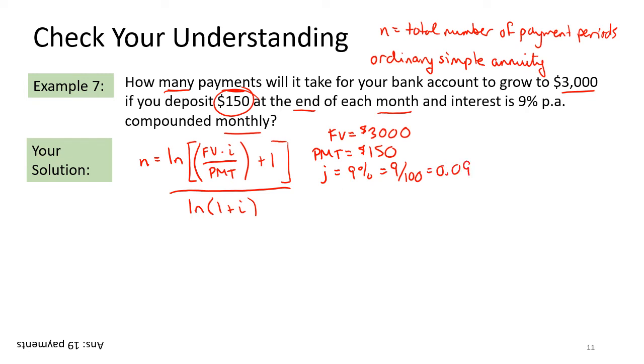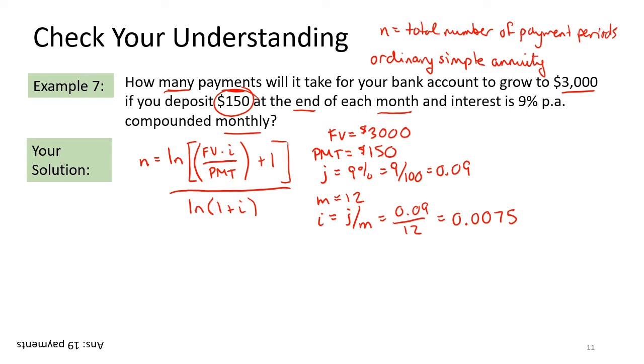And we're given in the question that deposits and compounding periods are monthly, so M is equal to 12. So our periodic interest rate, I, is equal to J divided by M, which is 0.09 divided by 12, which will give you 0.0075.